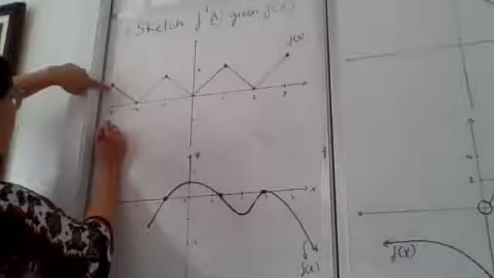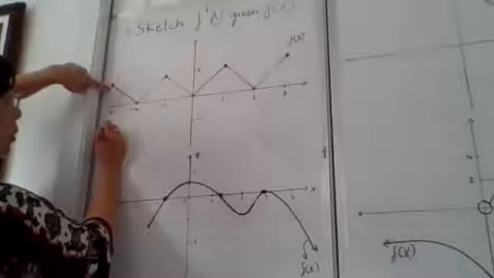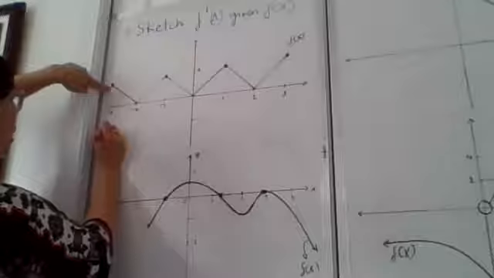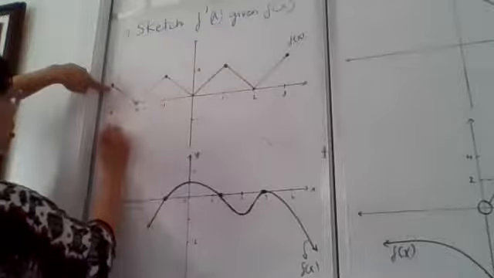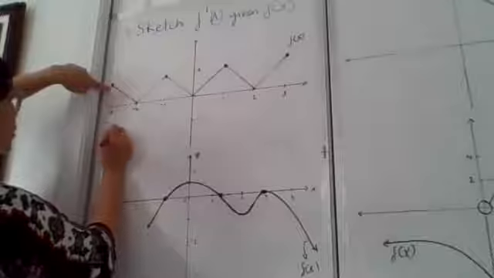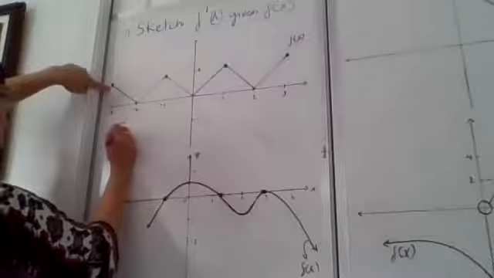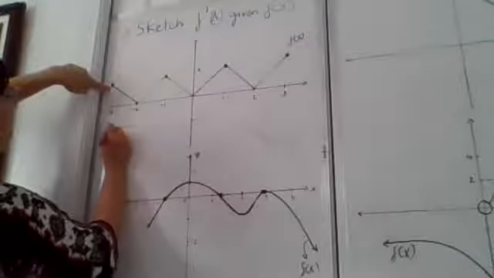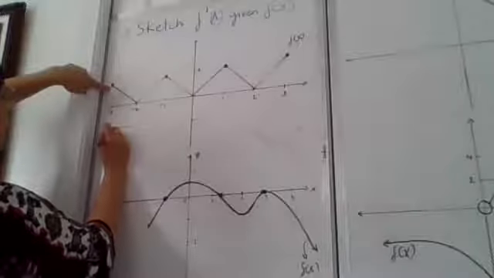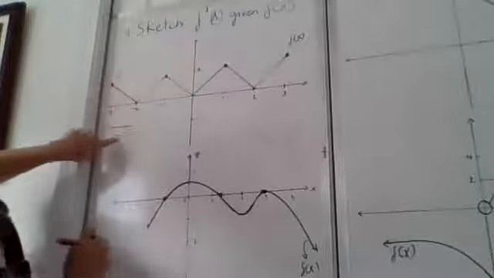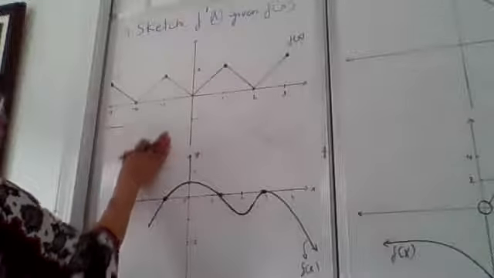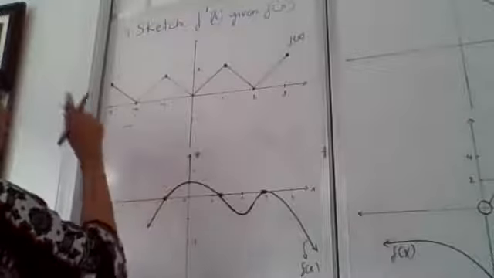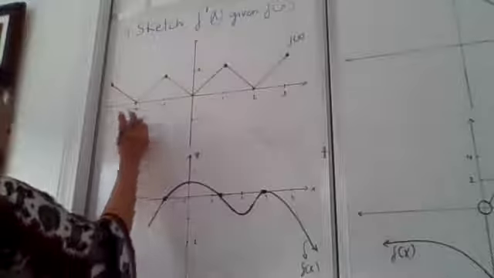At this point, it's a sharp point, and therefore the derivative does not exist. So we will have an empty circle, and because the slope is constant, the derivative is constant. The constant slope is represented by a straight horizontal line, and because it's negative, it falls in the negative quadrant for the y value.